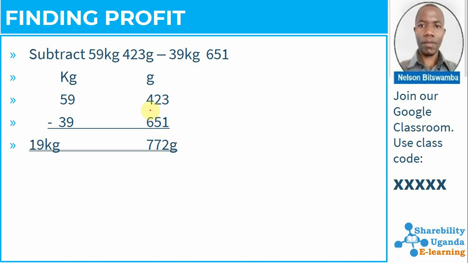We shall be able to come up with 8 when you borrow 1 from here and bring it here, this will become 14. So 14 minus 6, we get 8. But here they got 7. That means our number shall be wrong.